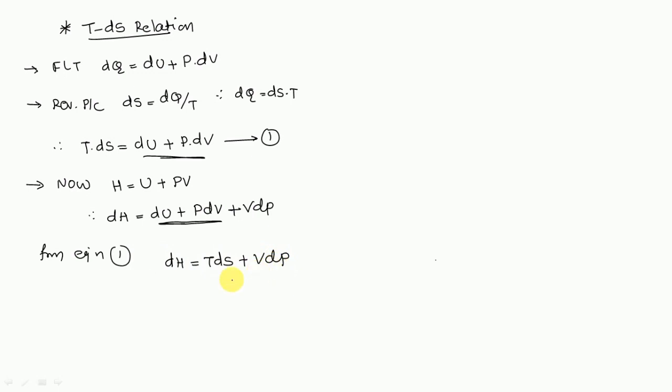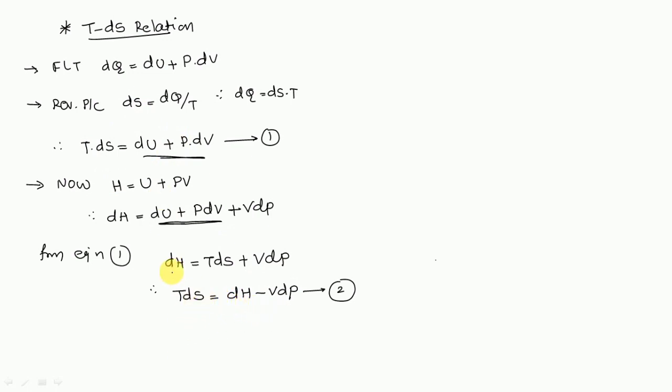If I rearrange this term, then T dS = dH - V dP, and this is equation number 2. So we have two equations, T dS = dU + P dV and T dS = dH - V dP.